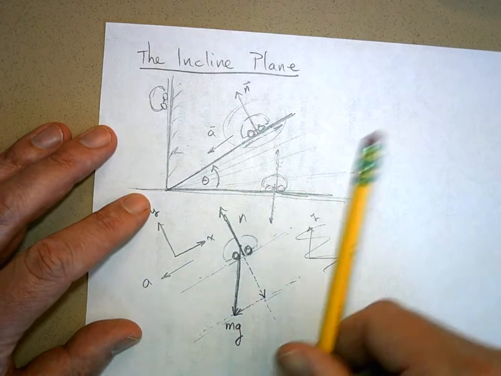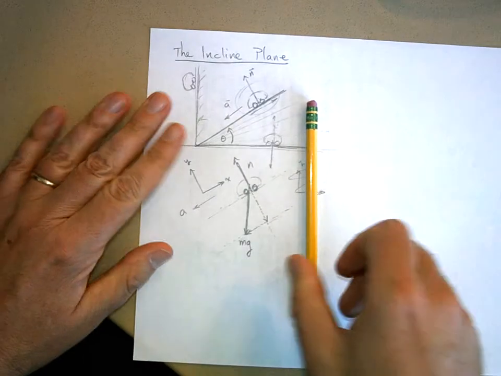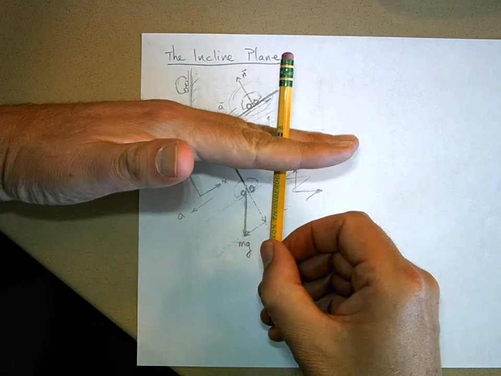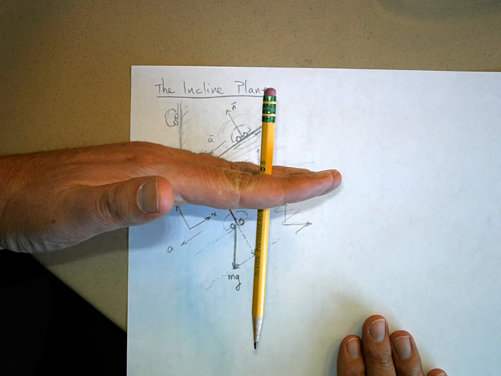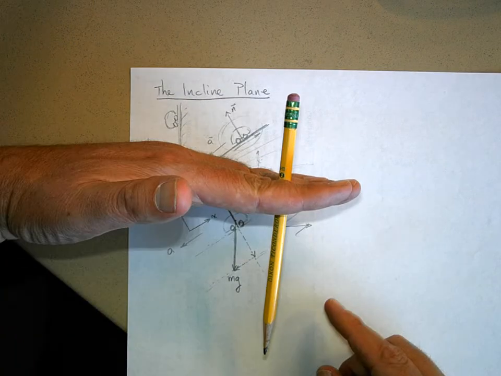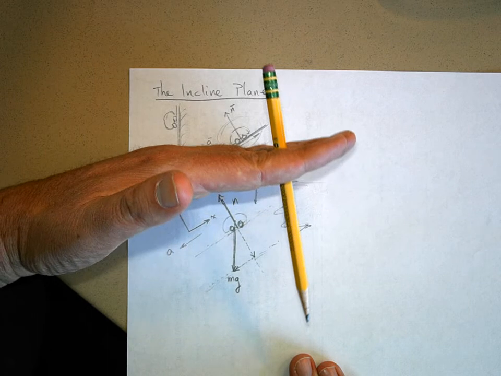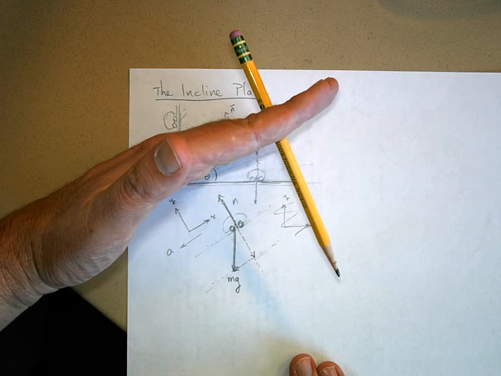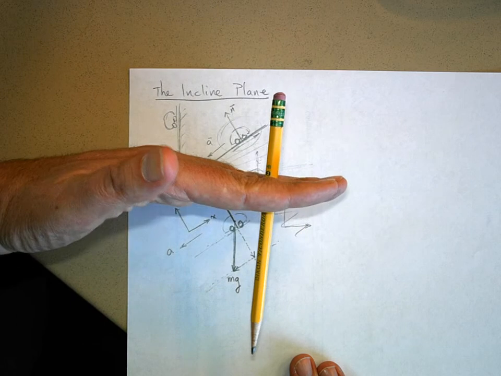But when I take this and I rotate it, watch what happens to the normal component of gravity. Here, all the gravity is normal. But watch what happens. I'm going to rotate up by theta. How much did the pencil get rotated from the vertical? Look at the pencil.